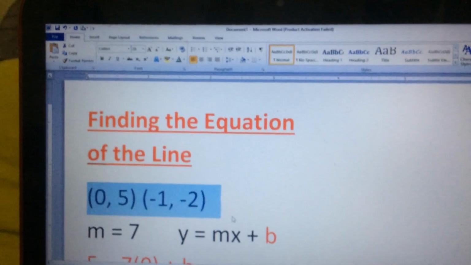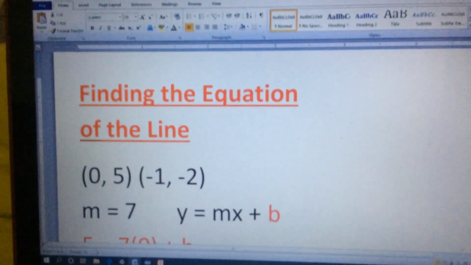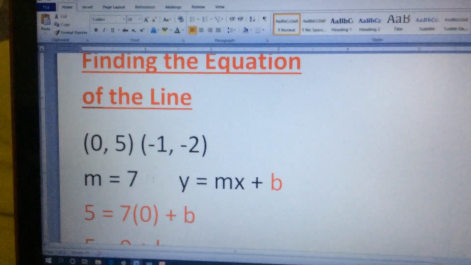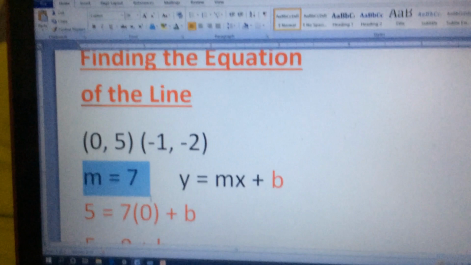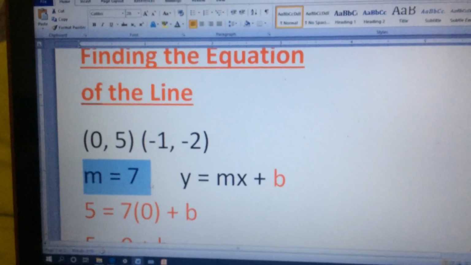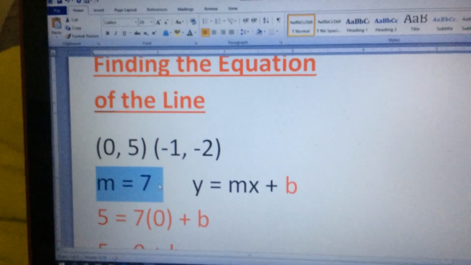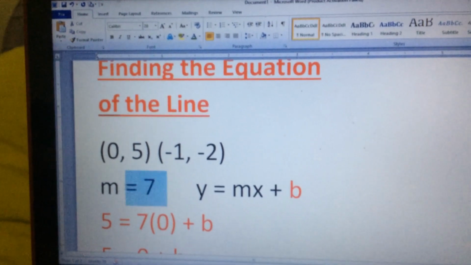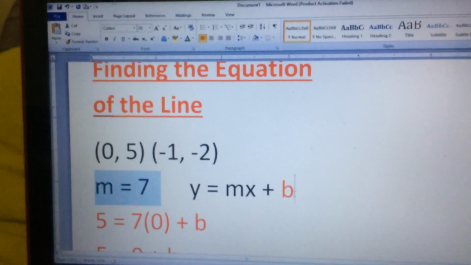So let's summarize how to find the equation of the line. First, you need to find the slope. We use the formula, which is y sub 2 minus y sub 1 all over x sub 2 minus x sub 1. So after obtaining the value for m, or the slope, we solve for b.